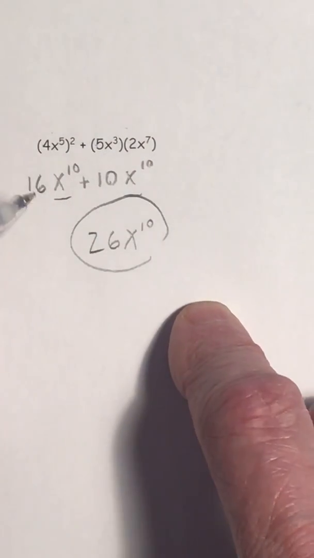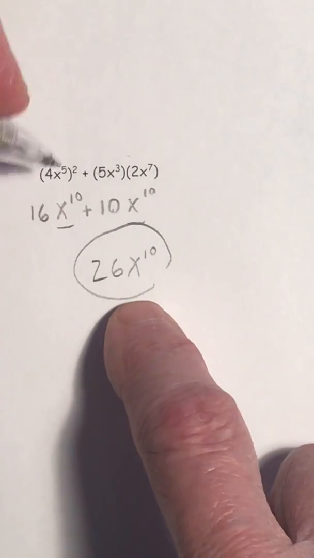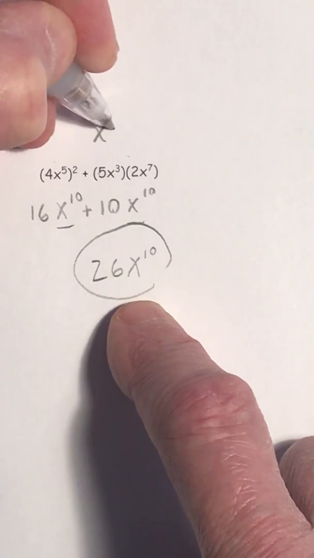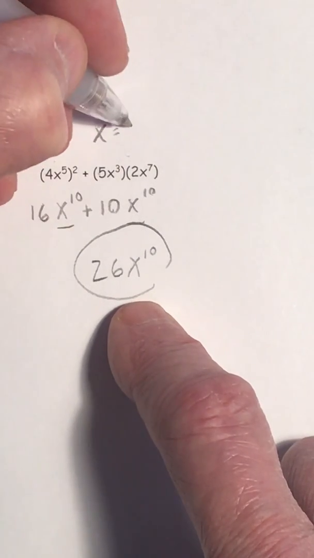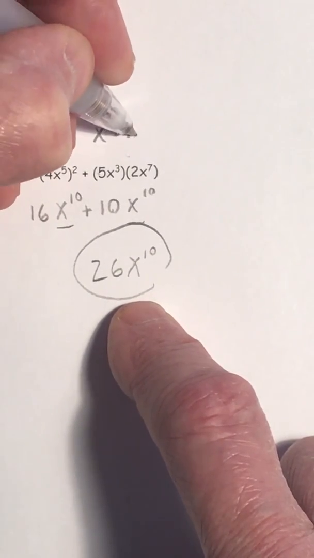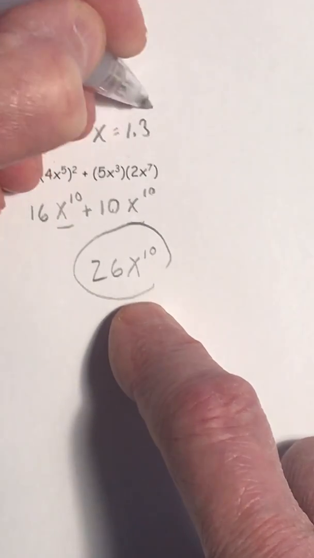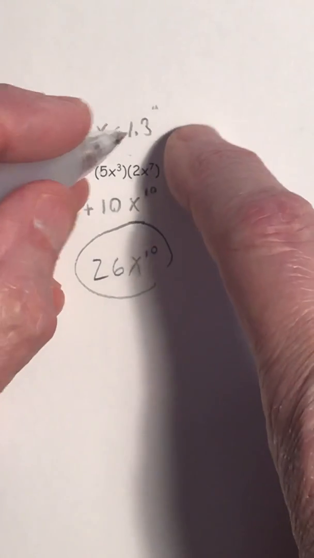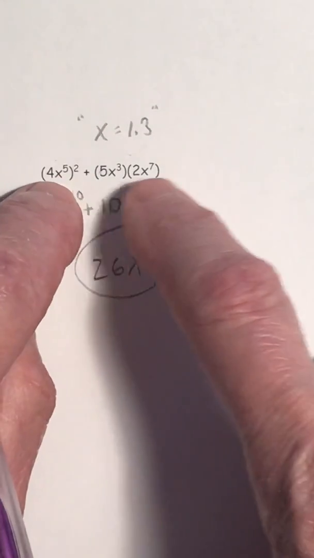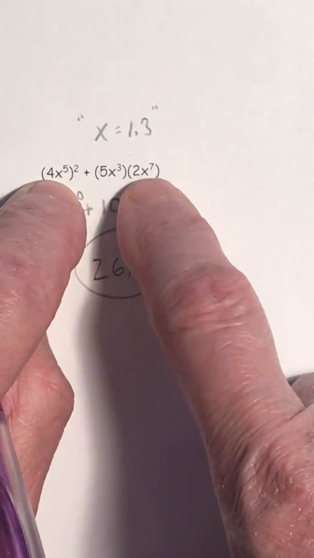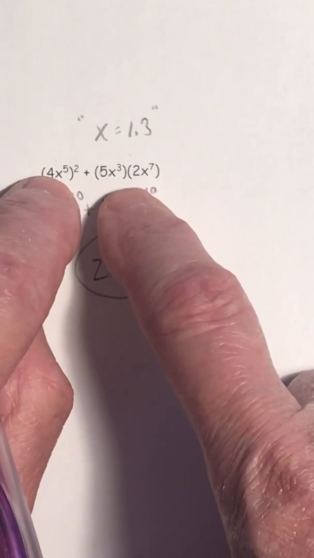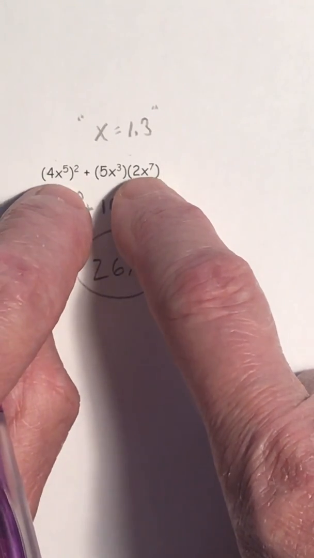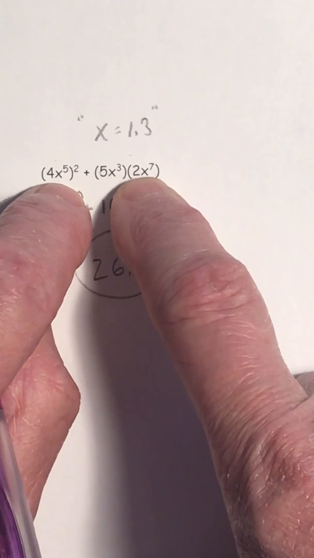And I will point out to you here also, supposing we're told let x equal 1.3. And we want to get the value of this expression when x equals 1.3. Think about plugging in that number 3 different times here and doing quite a few different steps before we get the final answer.